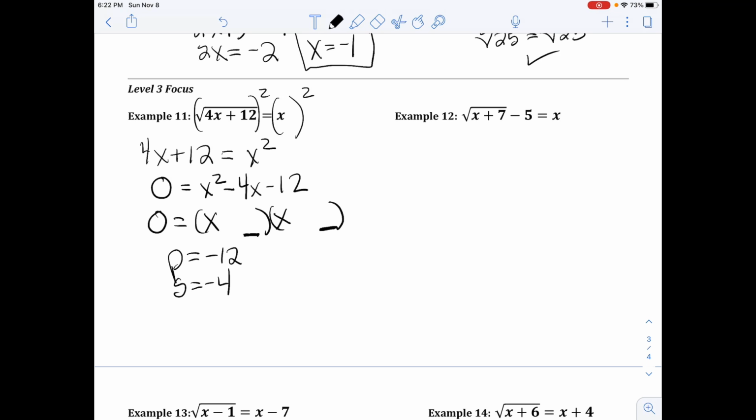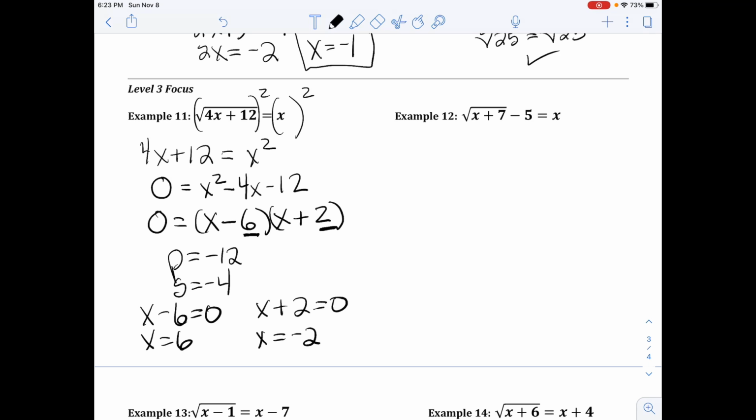And so that is going to be minus 6 and plus 2. Now, according to the zero product property, we're going to set each of those equal to 0. We're going to solve. So we're going to get x equals 6 and x equals -2.